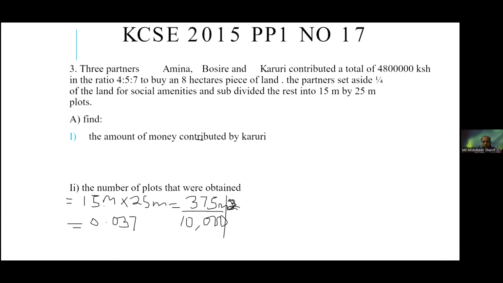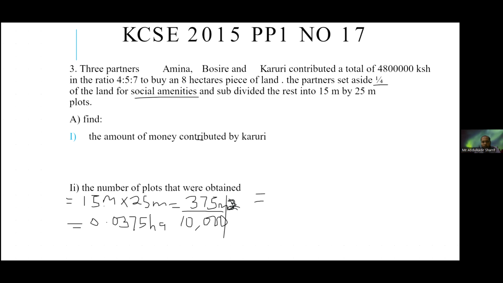Now let's find the piece of land that was divided into plots. So it says here they set aside a quarter for social amenities. So the remaining is 3/4. So a quarter was used for social amenities.